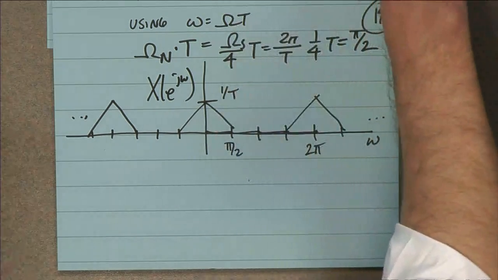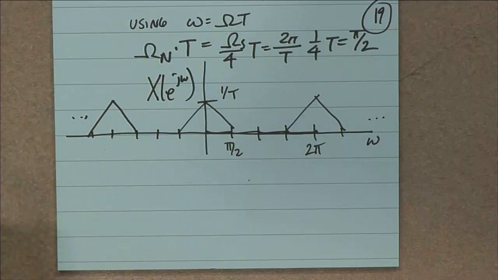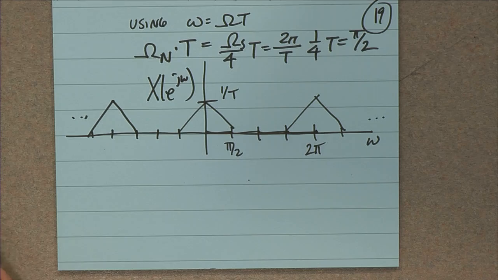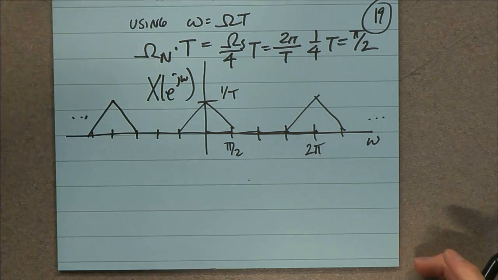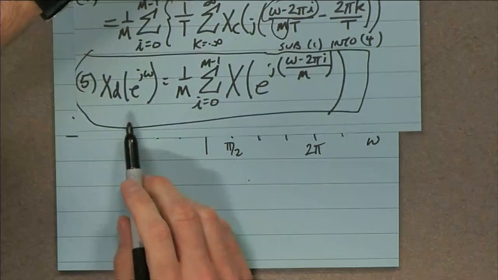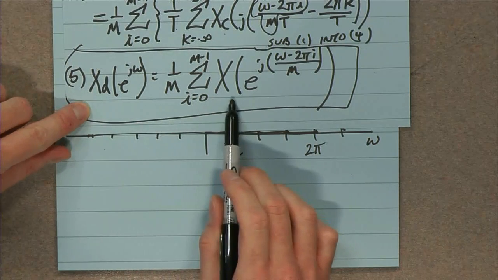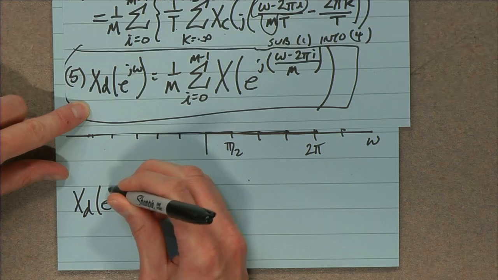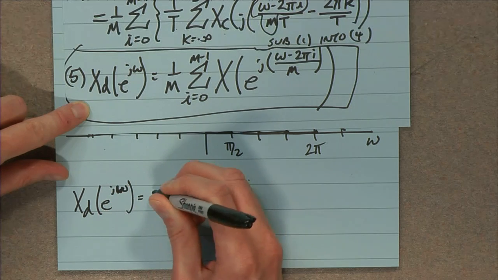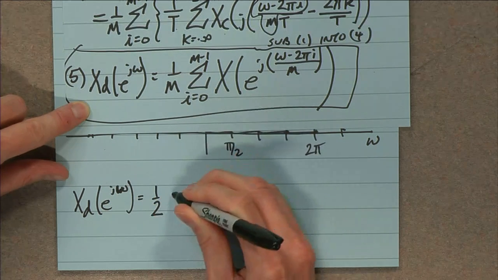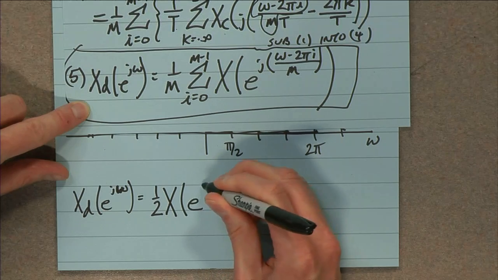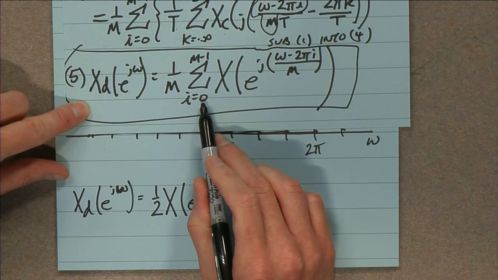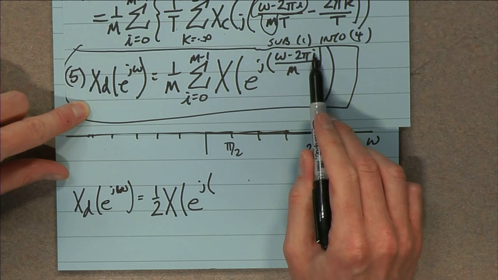Let's go back to our formula here, and let's write out both terms just so we can unpack this. So this was our amazing formula. What is it if m equals 2? It's going to equal 1/2 x of e to the j, i equals 0, then that's 2 pi times 0 over m.